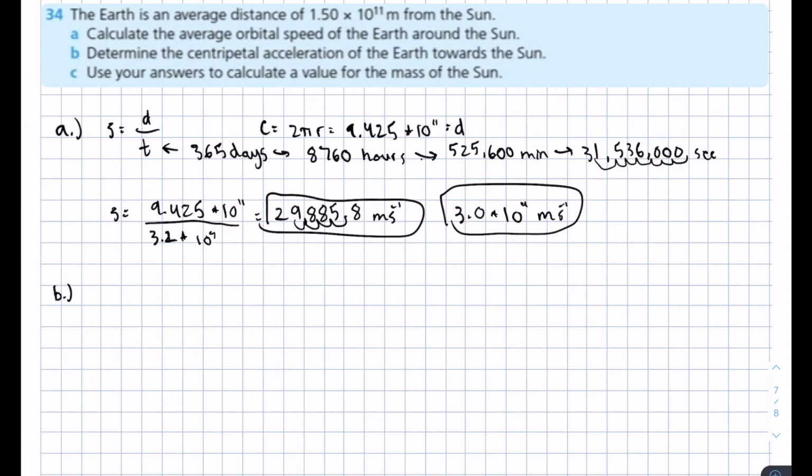Now part B. Determine the centripetal acceleration of the Earth towards the Sun. Centripetal acceleration equals velocity squared over radius.